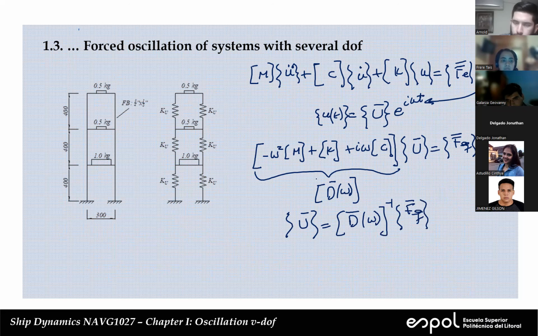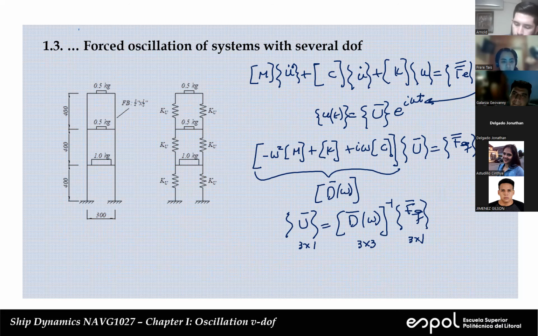Remember, if you have the matrix to the left of this vector, when you pass it to the right-hand side, it has to be to the left of this vector. Be careful. In this case, this is 3 by 3, this is 3 by 1, and the result is 3 by 1. And the thing is that when we calculated natural frequency, we were trying to determine the frequency at which the determinant of this was 0.